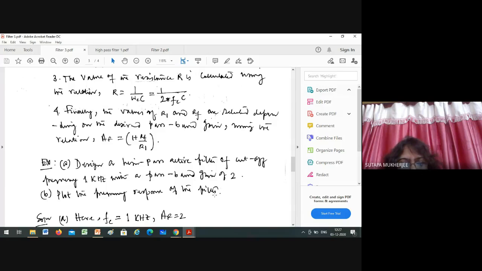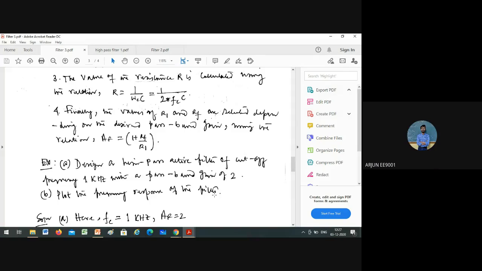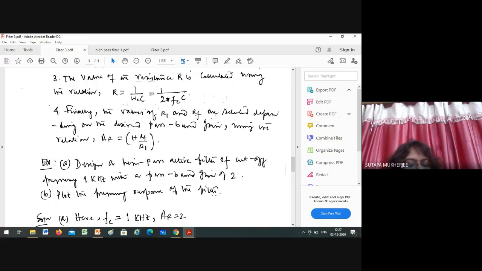Then design the active high pass filter. Calculate everything in detail yourselves and tell me the final answer. Each and everybody will do it, and also plot the frequency response.